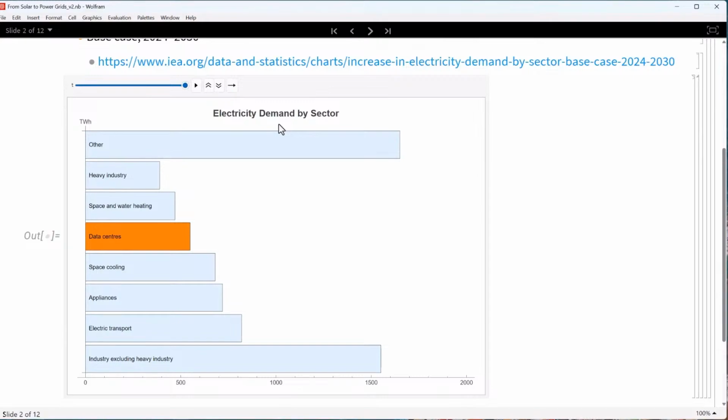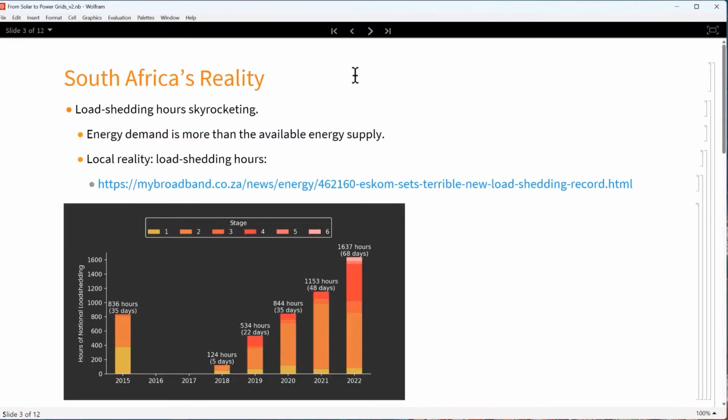But while global demand keeps growing, let's take a moment to look closer to home and see what the current reality looks like. For this presentation, let's focus on South Africa, a country that reflects the situation in many developing economies around the world.